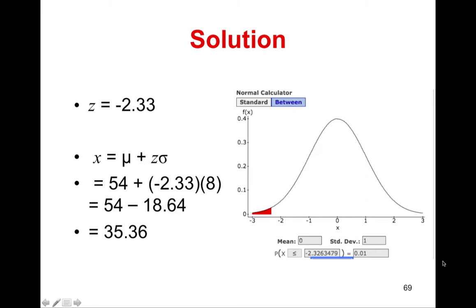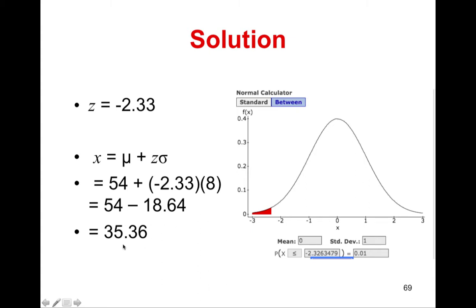So first we're going to find the z-score for the bottom 1% by putting a less than and plugging in 0.01 for the area. We're going to use the formula to solve for x, 54 for an average, negative 2.33 is the calculator reported z-score, and 8 is the standard deviation.